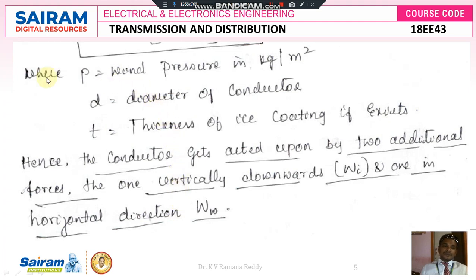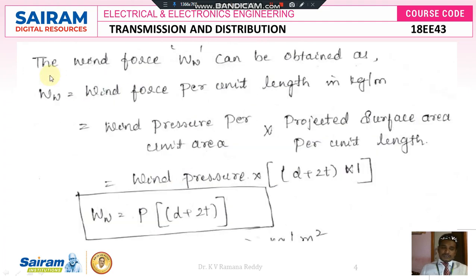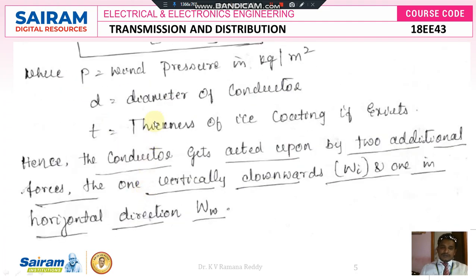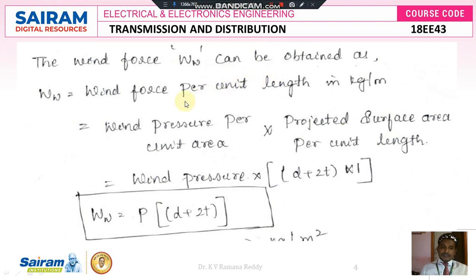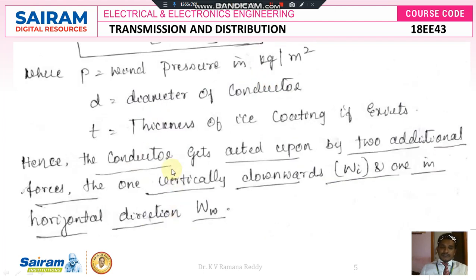Now in the above formula, P is nothing but wind pressure, and the unit of wind pressure is kg per meter square. Here d is the diameter of the conductor, that means whatever conductor the wind is going to touch, that conductor diameter is represented with small d.